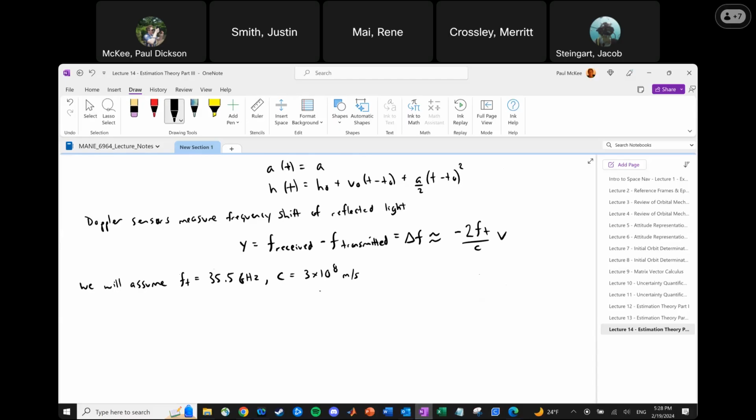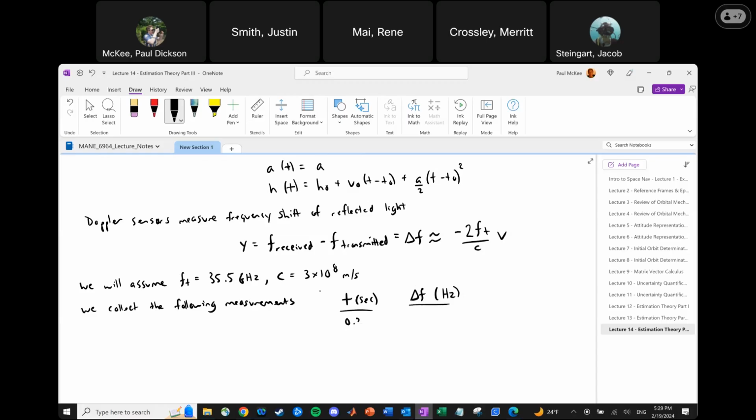Time for the measurements. We collect the following measurements. Here comes the data table. So let's say we have time in seconds, and we have delta frequency in hertz. Okay.